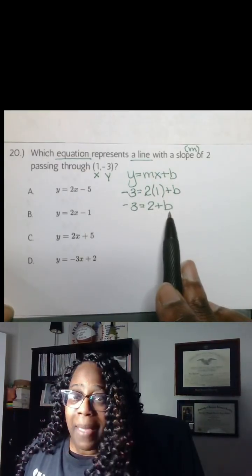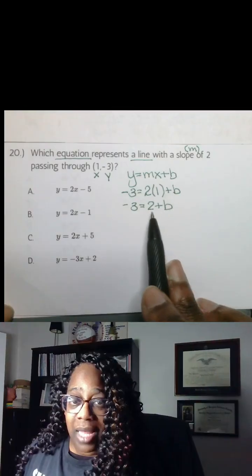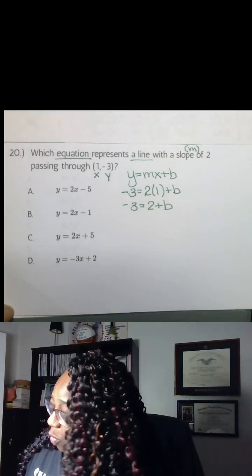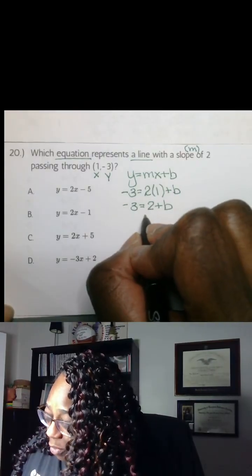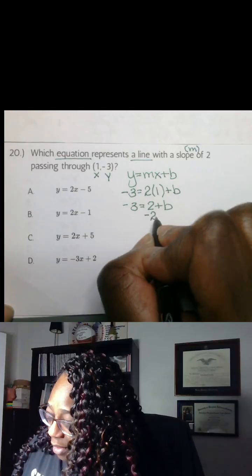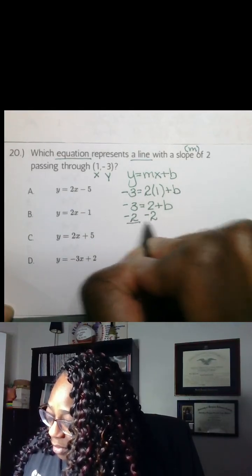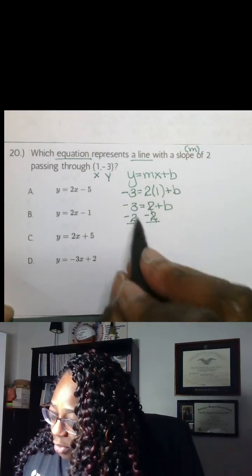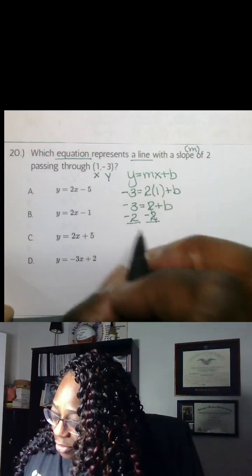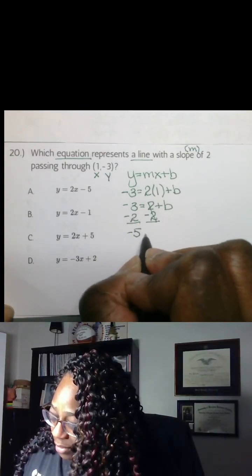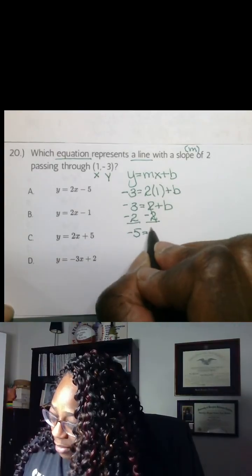So if we want to get b by itself, that means that 2 needs to go to the other side of the equal sign. So we always do the opposite or the inverse of a positive 2. So negative 3 minus 2, or negative 3 and negative 2, gives me a negative 5. And I bring down the b.